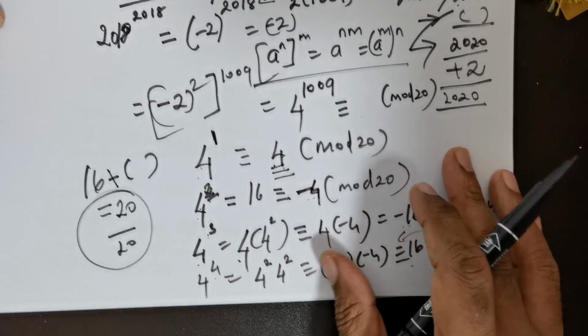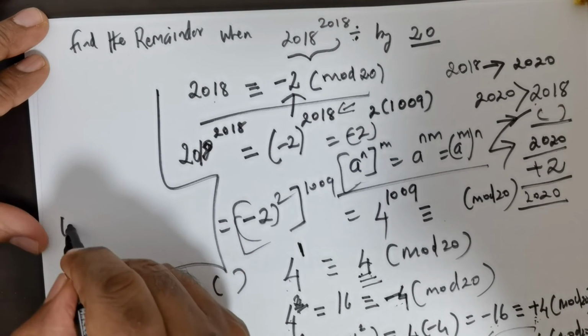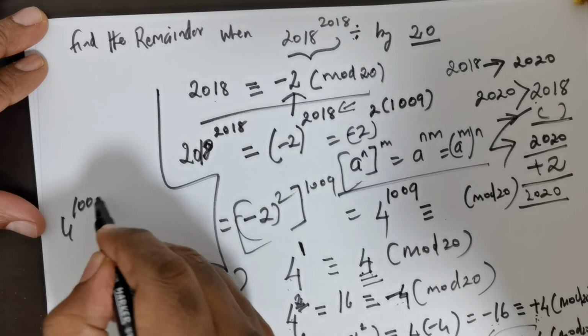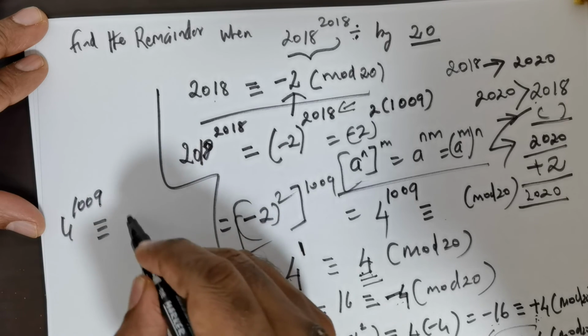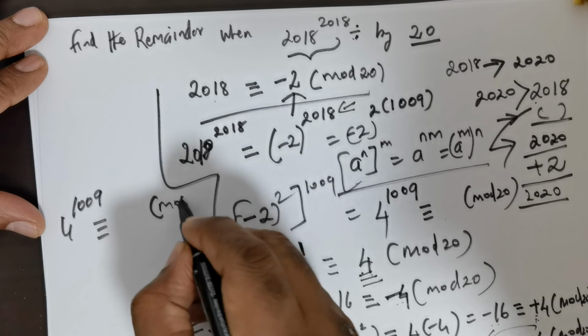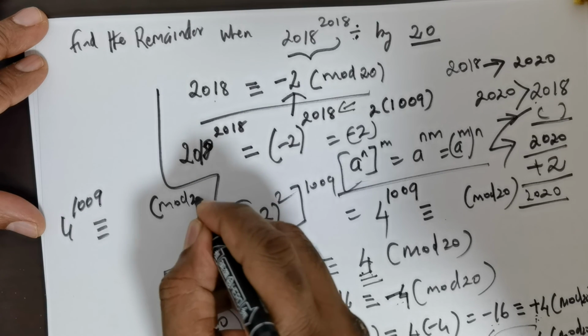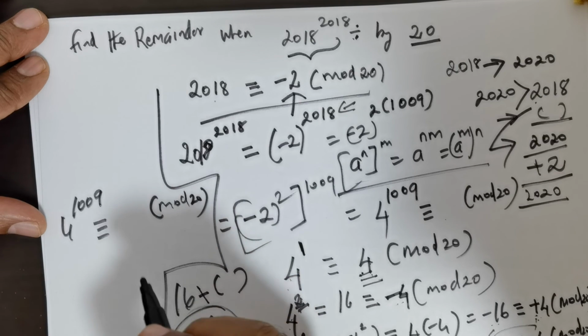Now apply the same concept. So what have you got here? You got 4 raised to the power of 1009. And you need to find what element you need to place here, so that could be the remainder when 4 raised to the power of 1009 is divided by 20.